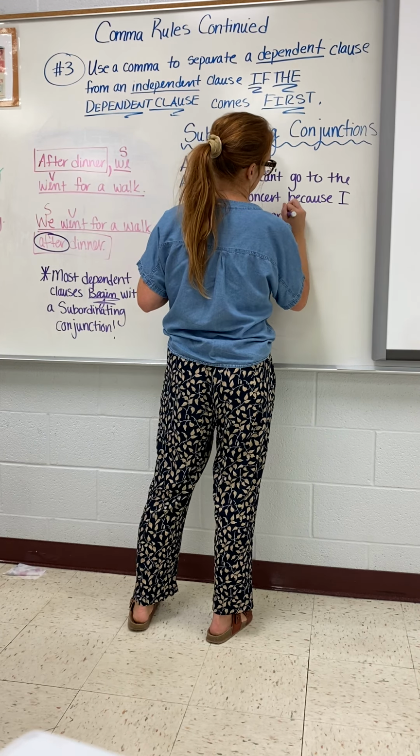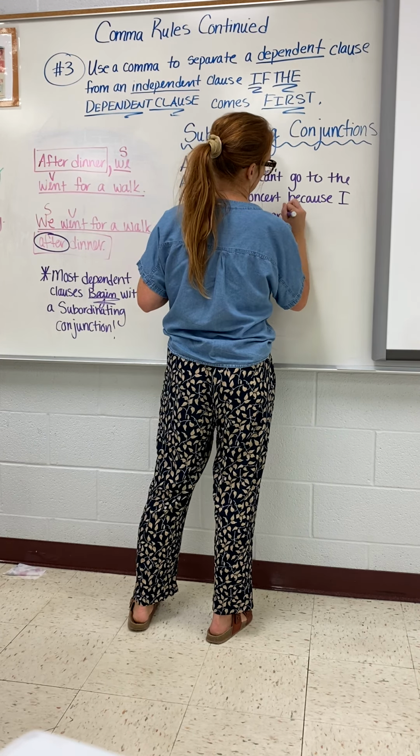That is my independent clause. Here's my subject. Can't go. Okay? So I can't go to the concert. And then look, because this is where my dependent clause starts. I'm going to put a box around that. Okay? So this is my independent clause. This is my dependent clause. Right? Now, according to our comma rule, do we need a comma in this sentence? No, because we started with the independent clause.